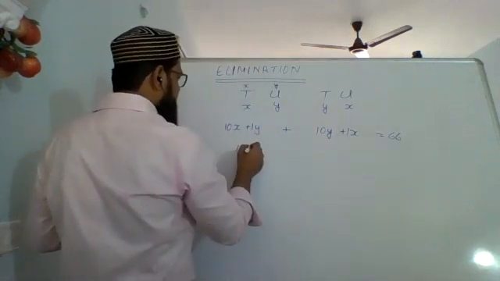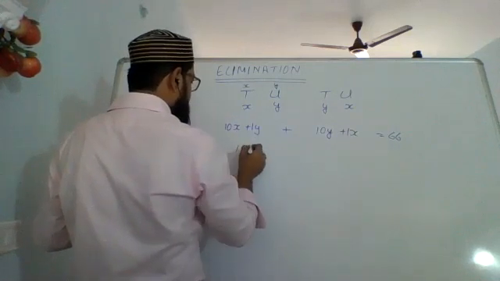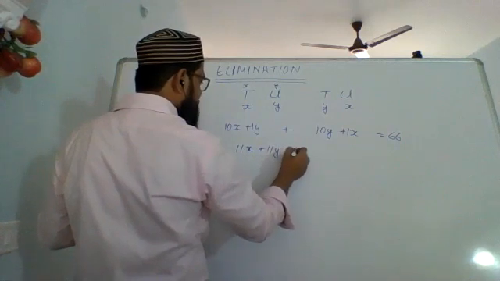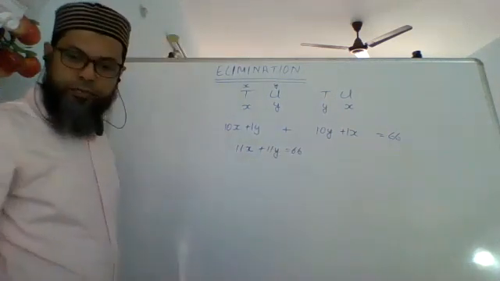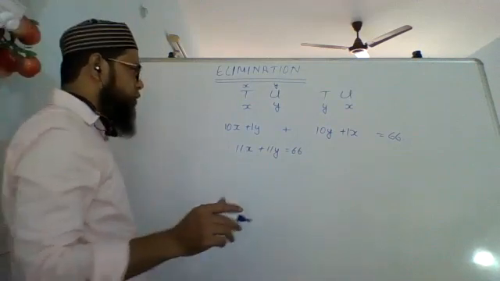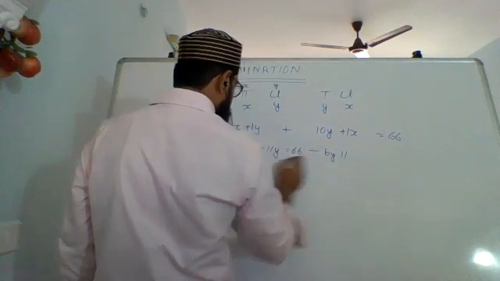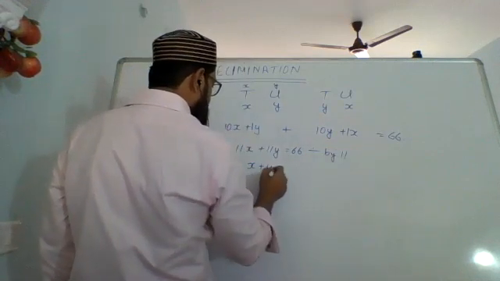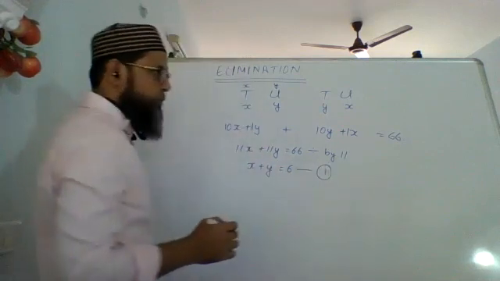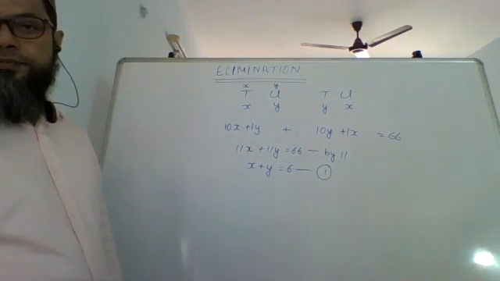That is 10x plus 1x, which is 11x, plus 10y plus 1y, which is 11y, equals 66. So 11x plus 11y equals 66. I'll divide by 11 and get x plus y equals 6. This is my first equation.